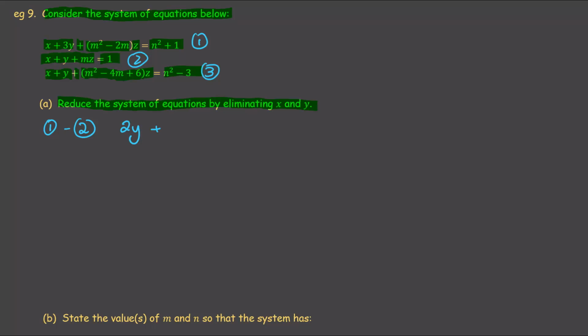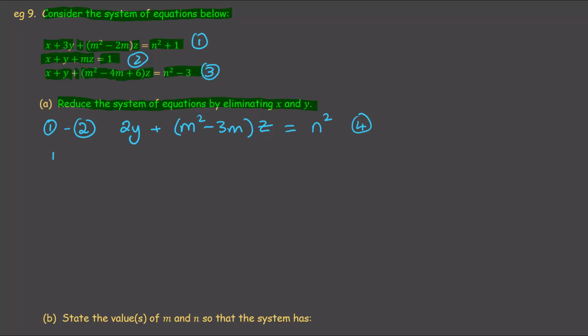And then I've got m squared minus 2mz take away mz. That's going to give me m squared minus 3mz. And that is going to be equal to n squared plus 1 take away 1, which is n squared. Let's call that equation 4.